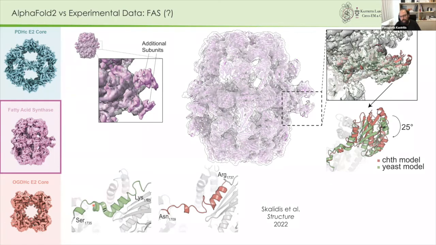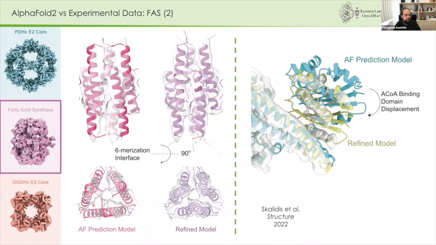During revisions, where we included AlphaFold calculations in our paper, what we saw for this molecule is quite interesting. AlphaFold did not learn from protein complexes, but as you know, it learned from batches of around 160 residues, and it could very nicely recapitulate a hexameric interface in the core of fatty acid synthase that we only refined a little.